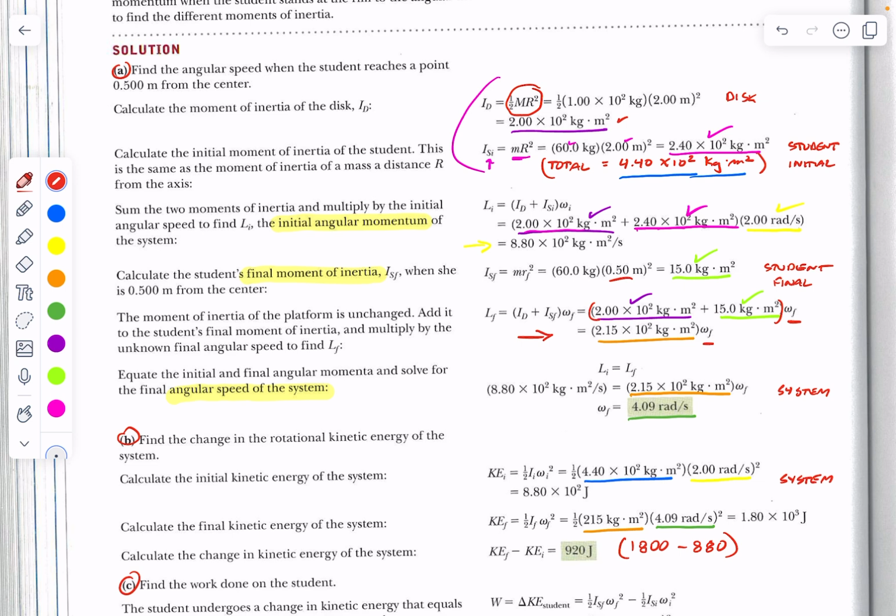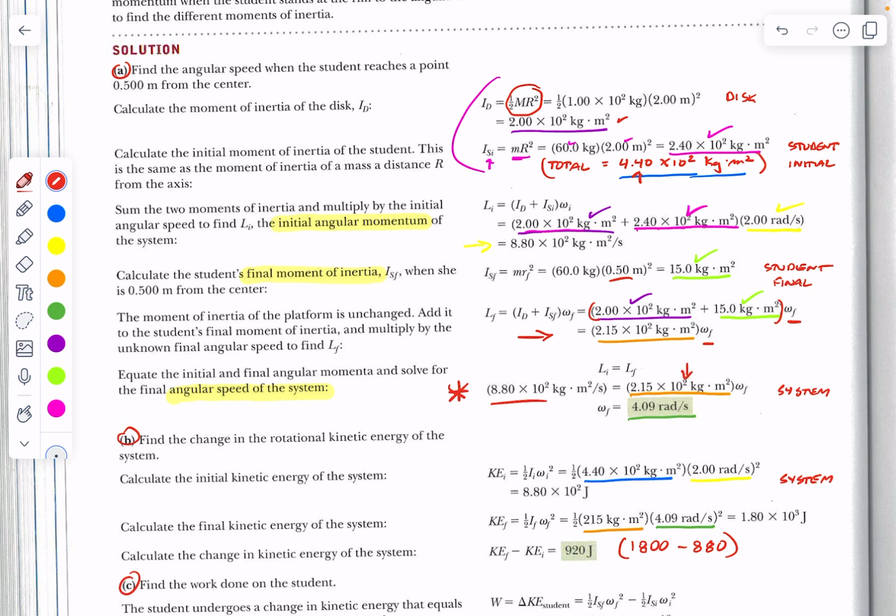So now we're going to apply the conservation of angular momentum right here, and we're going to take the earlier momentum that we calculated, the earlier total momentum, which would have been this total rotational inertia times the angular velocity of 2, and 4.40 times 2 gives me 8.80, and it's times 10 squared. So that's the momentum I started with, and when the person moved closer to the axis of rotation, we have this rotational inertia.